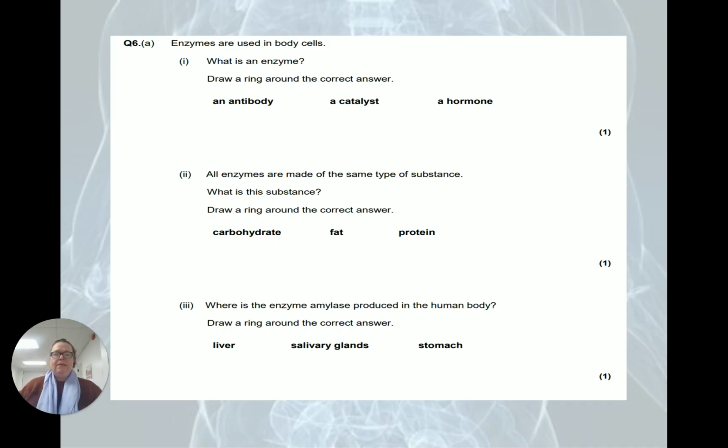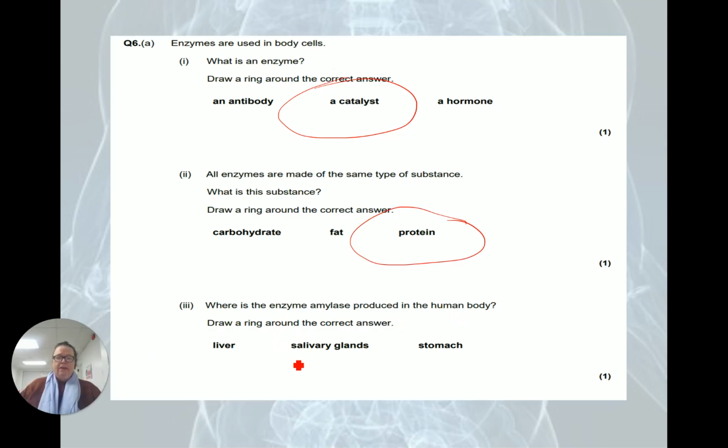So the first one, what is an enzyme? Draw a ring around the correct answer. I'm hoping you all put catalyst. Well done. All enzymes are made of the same type of substance. What is this substance? Hopefully, I've drummed it into you. It's a protein. Where is the enzyme amylase produced in the body?